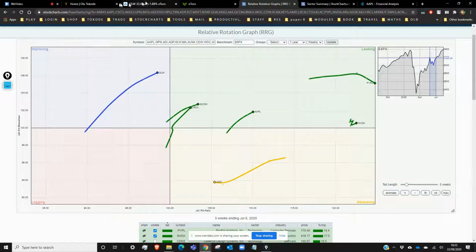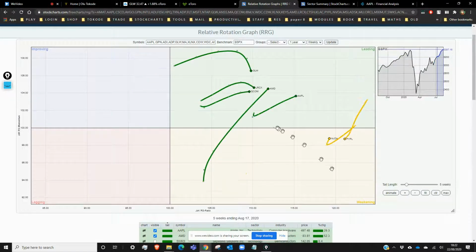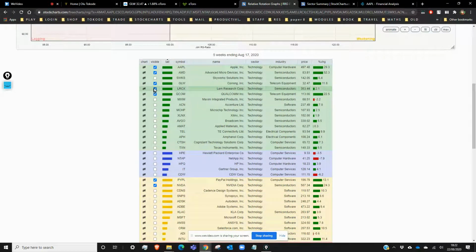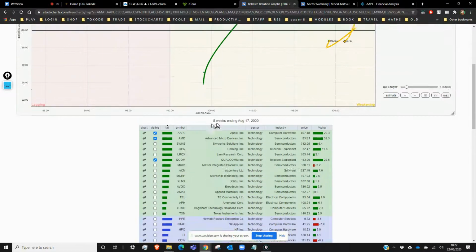Qualcomm is heading in the northeast direction. So Qualcomm is heading up, AMD, Apple. So I'm going to take out Corning and Lam Research. Take these two out.